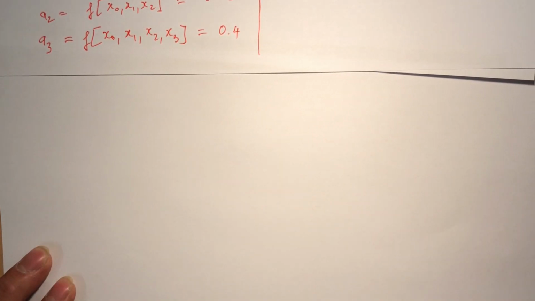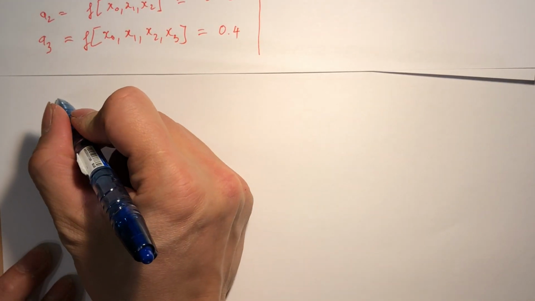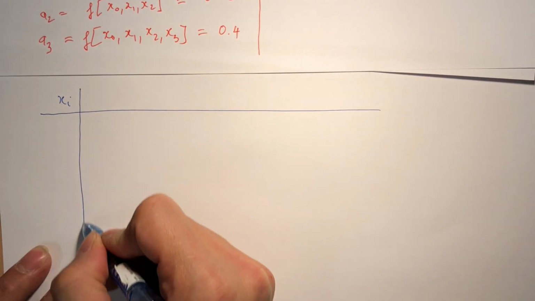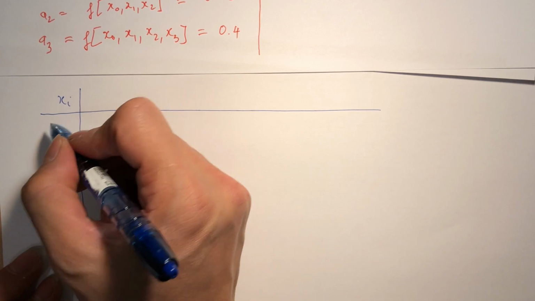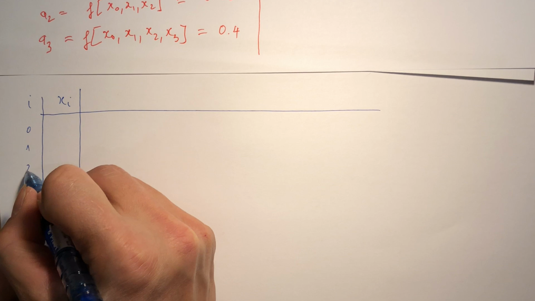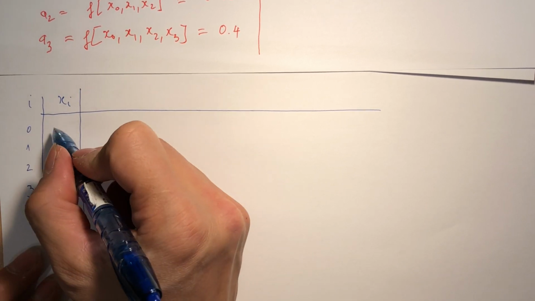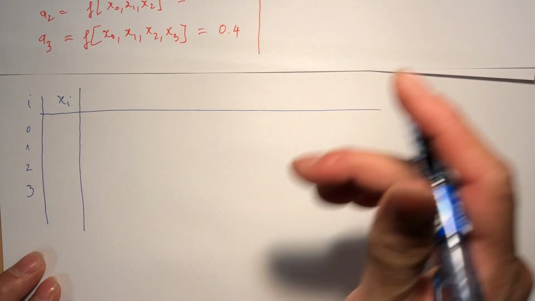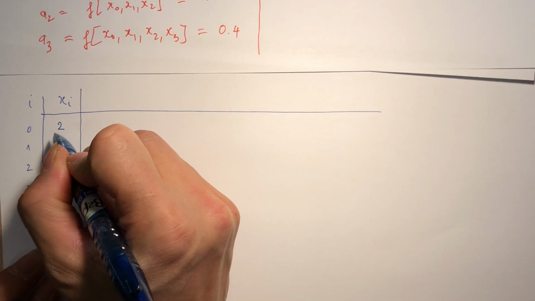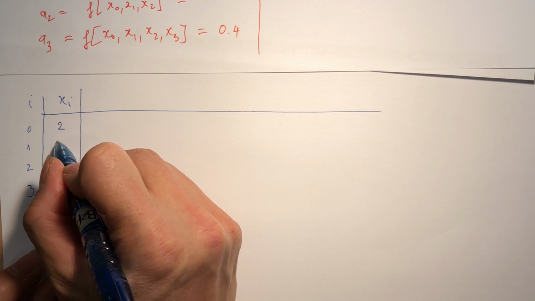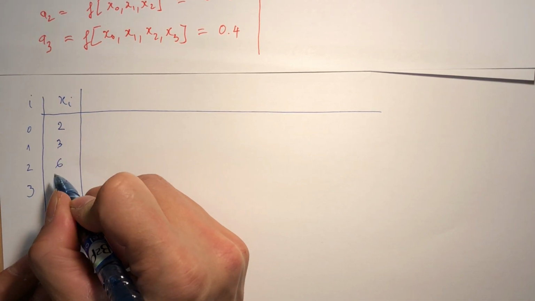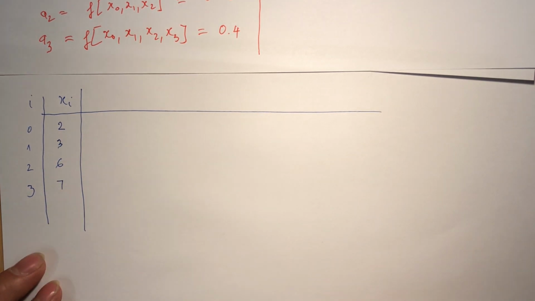So we can see xi, 0, 1, 2, 3. So x0 is 2, x1 is 3, x2 is 6, x3 is 7.